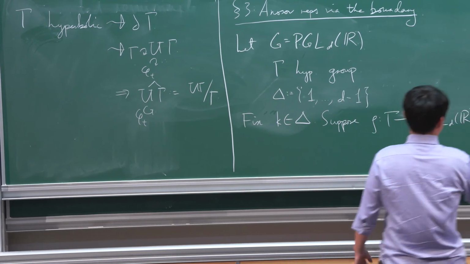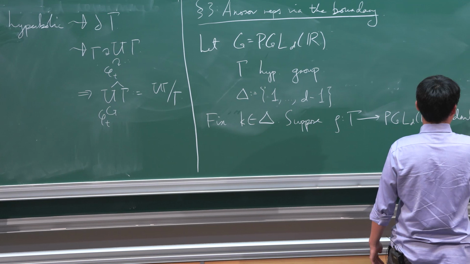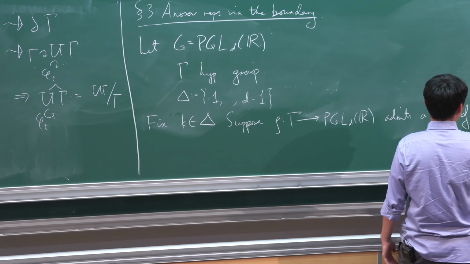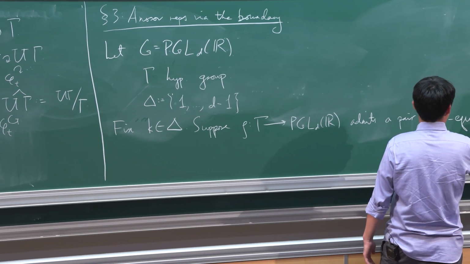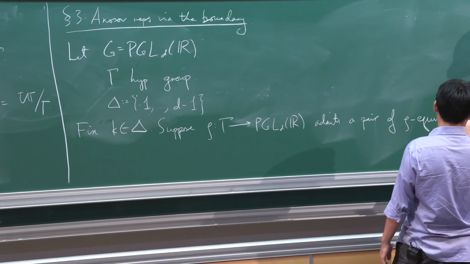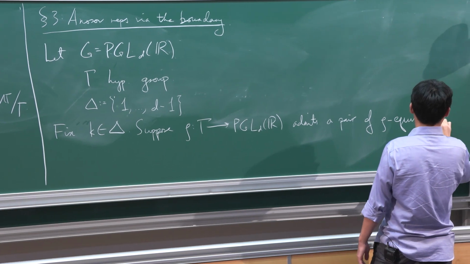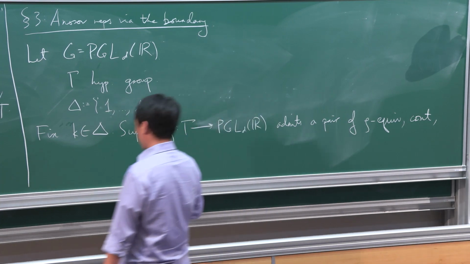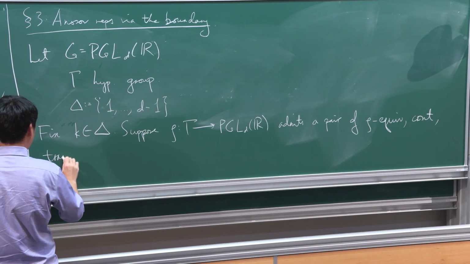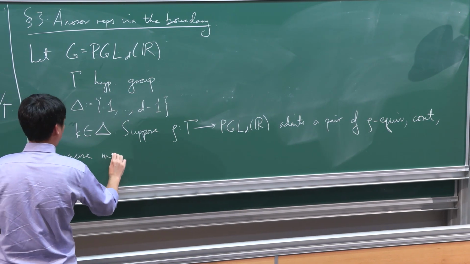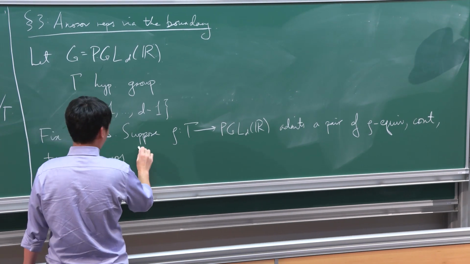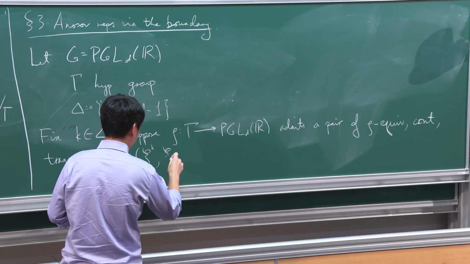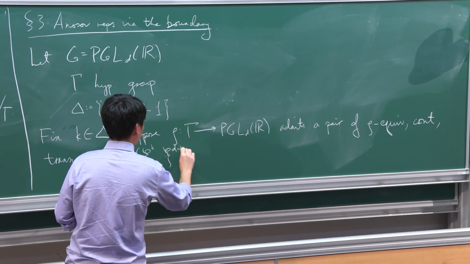that admits a pair of rho-equivariant continuous transverse maps, which I'm going to call C_k and C_{d-k}.